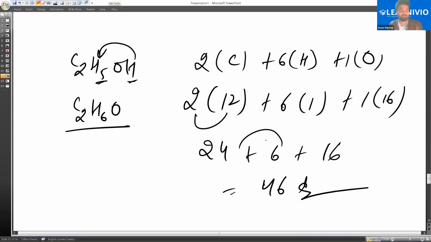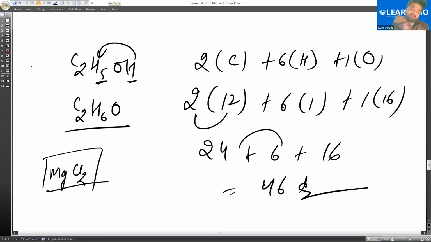Try to find out the mass of MgCl2. Magnesium has mass 24 and chlorine has 35.5.